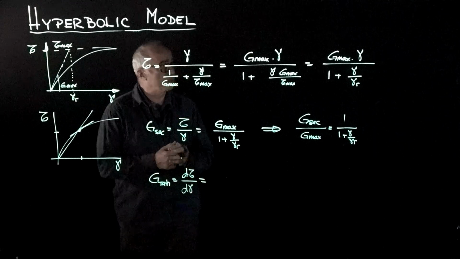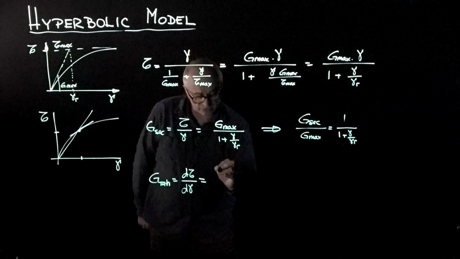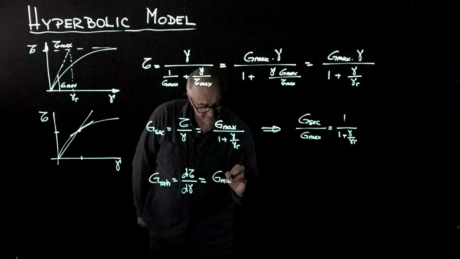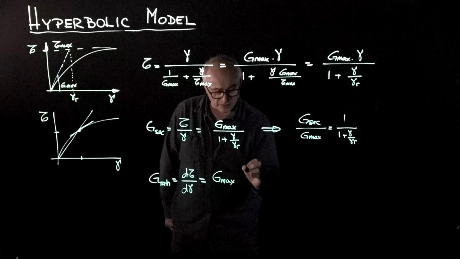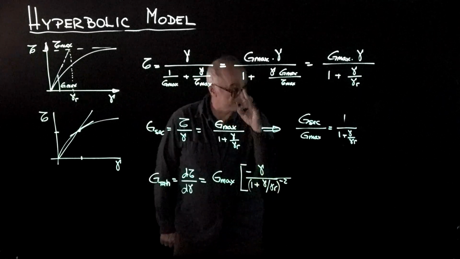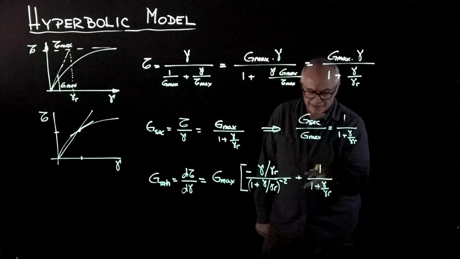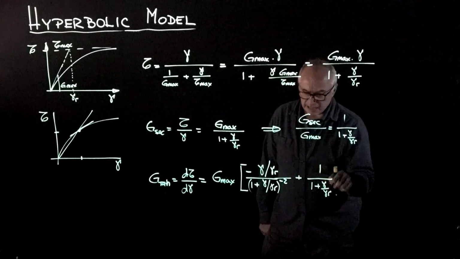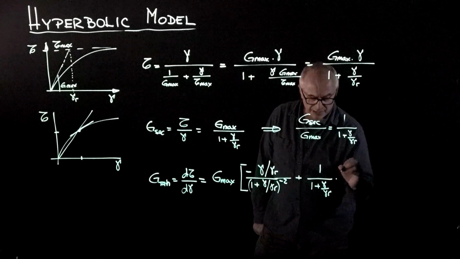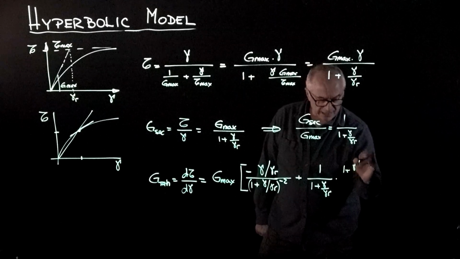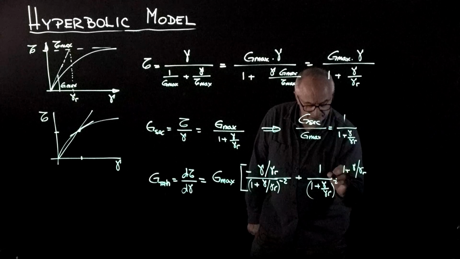And this is going to be equal to, I go back to the upper equation, Gmax, and is u over v, so if I multiply the second term here by itself, and multiply numerator and denominator, then what I'm going to obtain is 1 plus gamma over gamma reference, and this becomes squared.